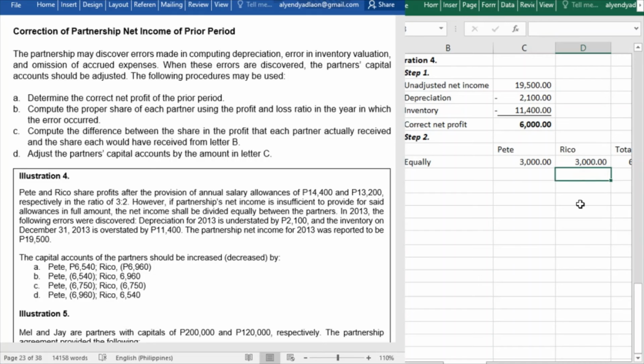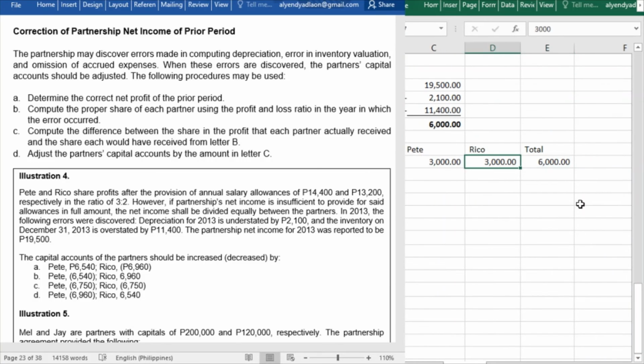Okay, so class, this is our new share of the net income. 3,000 each. Because, again, it is not sufficient for the salary allowances. So that's why we divided it equally. If you're going to ask, Ma'am, is that really the rule that if it is insufficient, then we have to divide it equally? Then no.